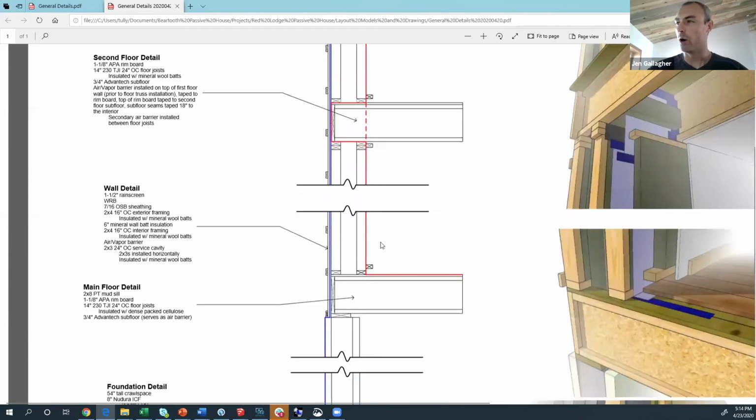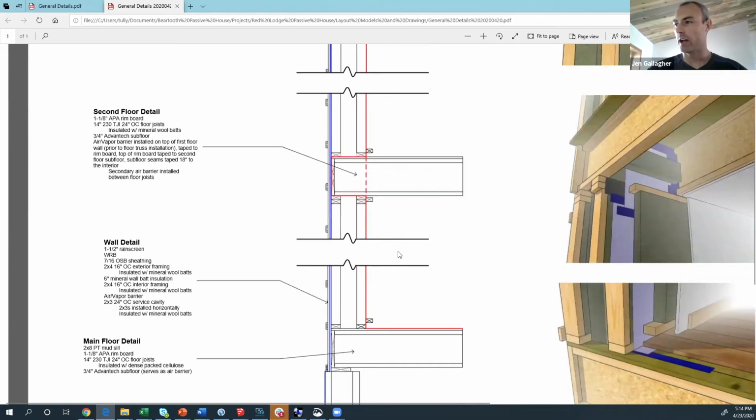Now, the pros of double stud, what I like is all of your insulation is sitting on the inside of your sheathing, which I think helps protect it more than if you have exterior insulation.